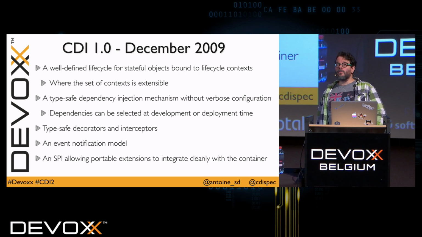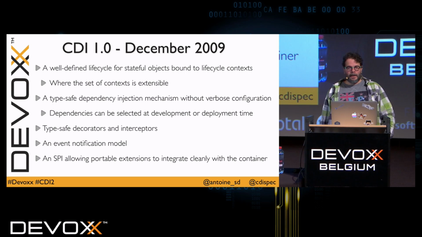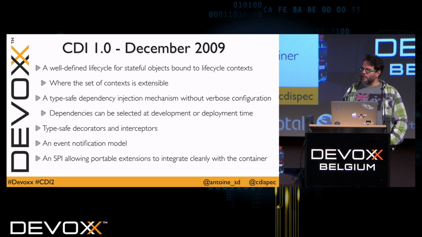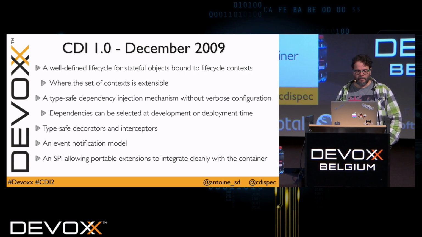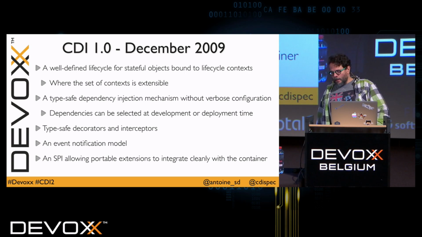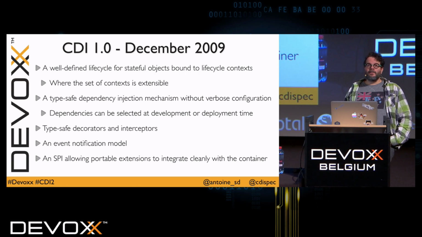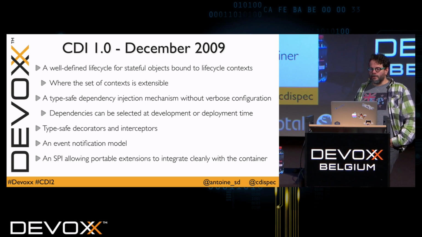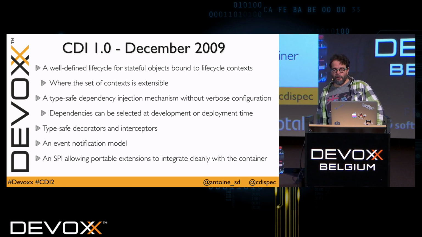We also have all the features for AOP with interceptors and decorators. And there's also a nice feature that a lot of people give us nice feedback on: the event bus and the event notification model we have in CDI. And as I said, all the SPI of the spec that allows extension of the platform, of CDI and the Java EE platform, because most of the Java EE specifications today use CDI.